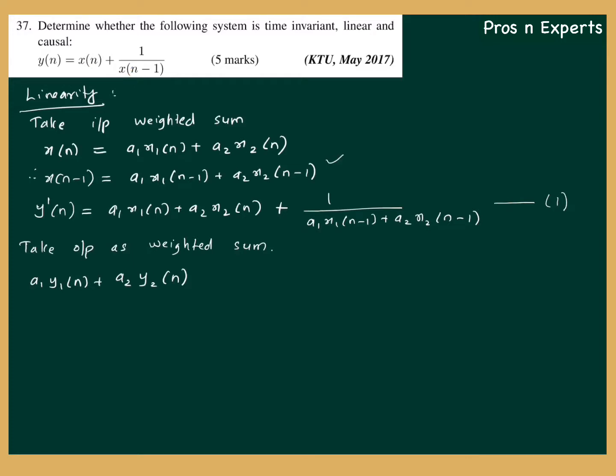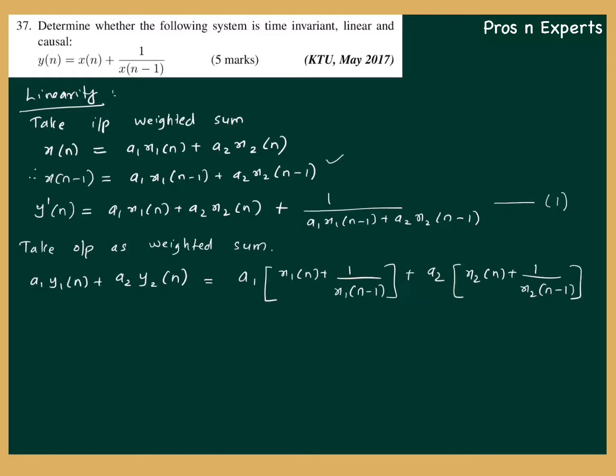Let us proceed now. That is equal to a1 into y1 of n, as I have told you, it is x1 of n plus 1 by x1 of n minus 1, plus a2 into y2 of n, which is x2 of n plus 1 by x2 of n minus 1.